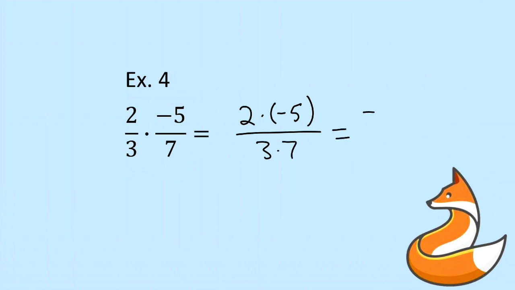So this will be negative 10, because 2 times negative 5 is negative 10, over 21. And we have a fraction now, negative 10 over 21, which is a rational number because our numerator is an integer and our denominator is an integer, so it fits the definition of a rational number.